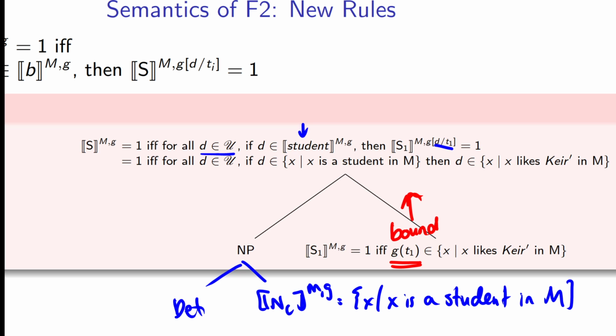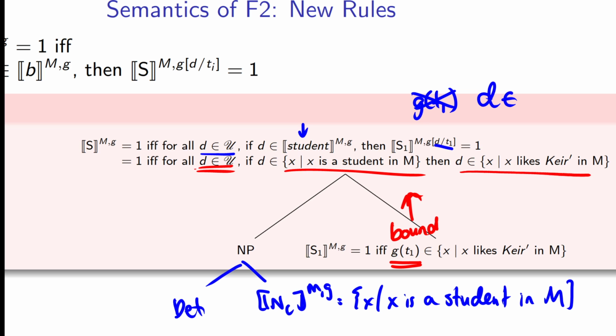But GT1 is being bound. So actually, we're not thinking about whether G of T1 is in this set. We're asking ourselves, is D in that set for every single instance of D in our universe? So our requirement is asking, okay, this sentence is true if for every individual D in our universe, if D is a student, then D likes Kier.